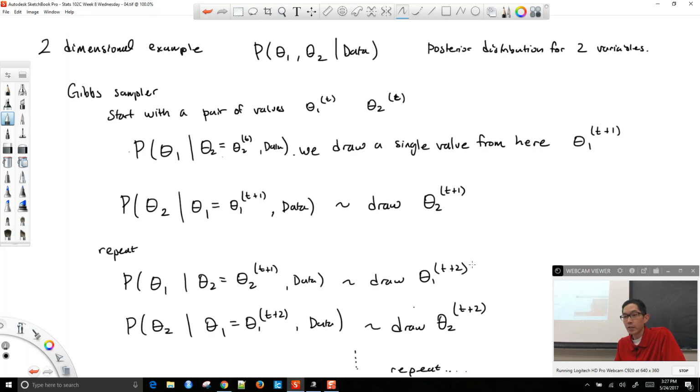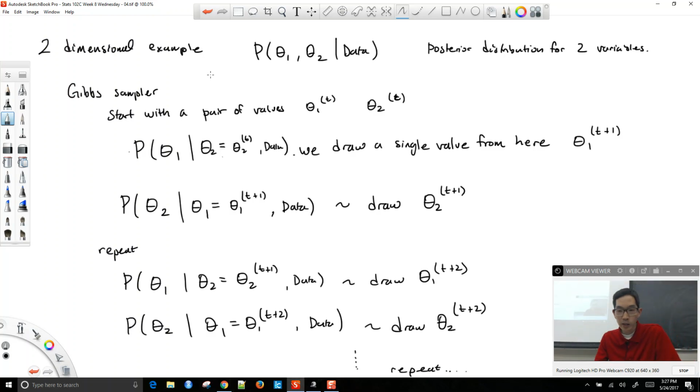And technically it's a form of the Metropolis-Hastings algorithm, a special case, except we don't reject any of these values. We accept every single one we draw as a draw here. And you say, well, how does that even work?